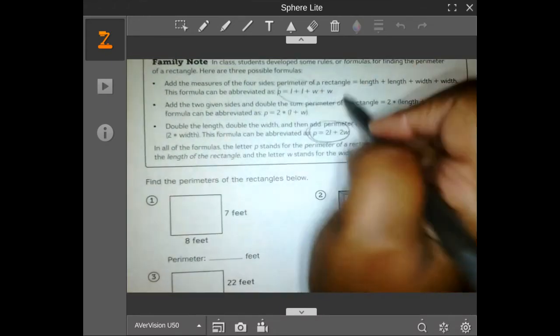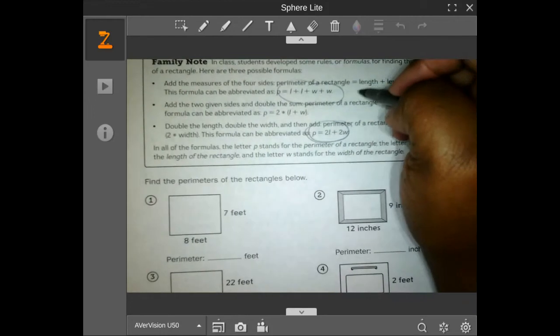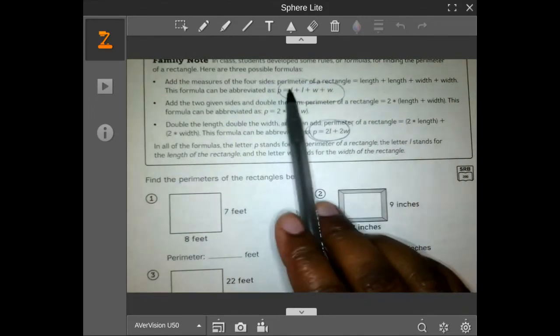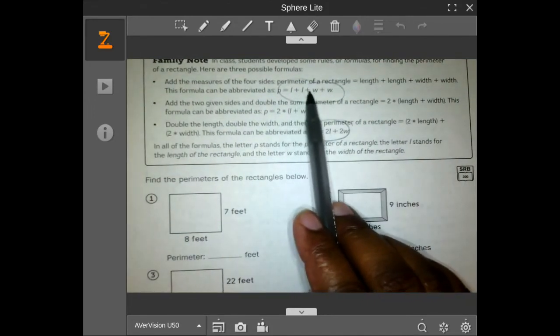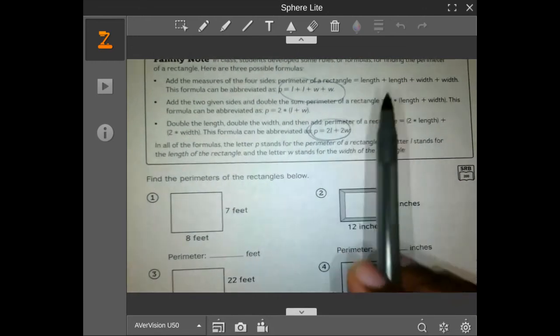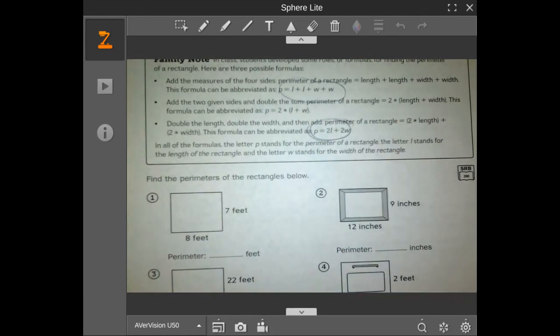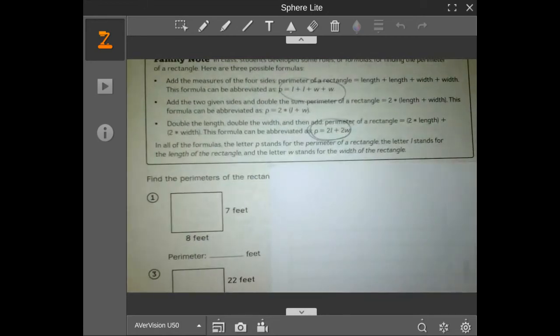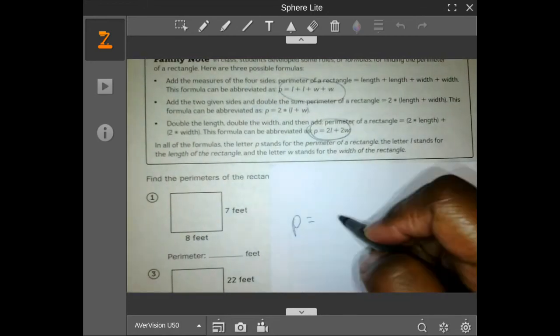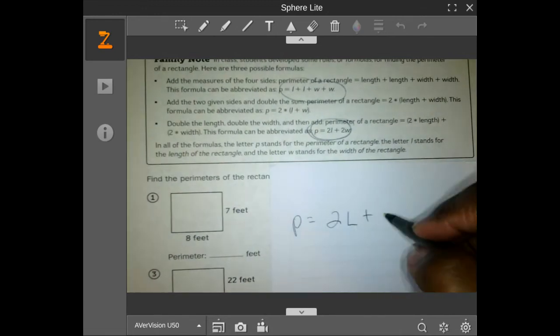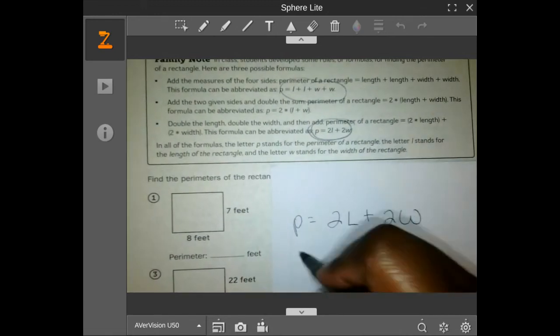Previously, we added. If we were going to add, our formula would be P equals 8 plus 8 plus 7 plus 7. Now, using our formula, P equals 2L plus 2W. You can write this on your notes. P equals 2L plus 2W.